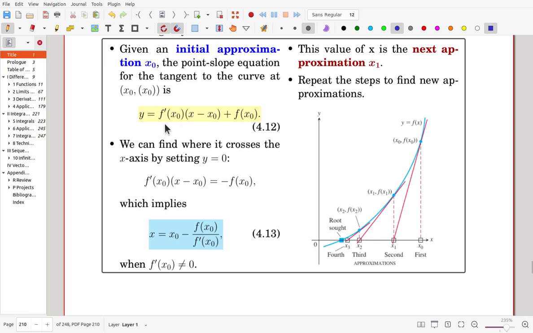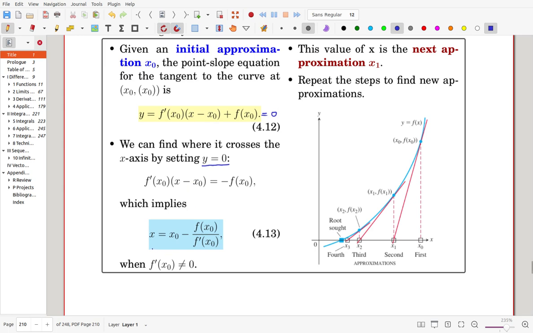And by using slope point form, we can formulate the tangent line. And here, we have to find the x-intercept. In order to do that, we set y equal 0. Then we solve it for x.